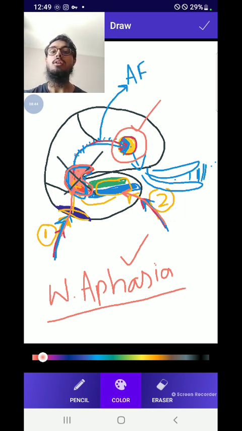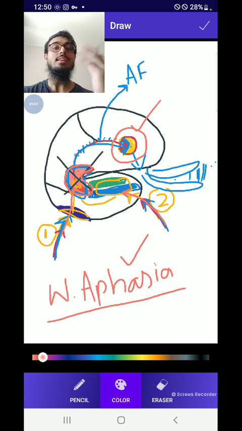Okay, so there is damage. This is the clinical importance related to Wernicke's area. The patient speaks properly, but what he or she is speaking, we do not understand. What is the meaning of that sentence? Not understood. So this is the clinical importance related to that.